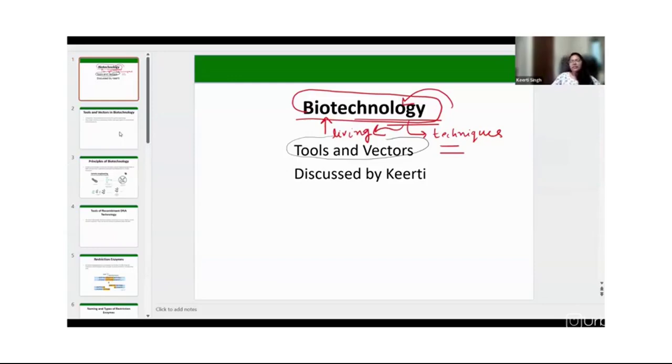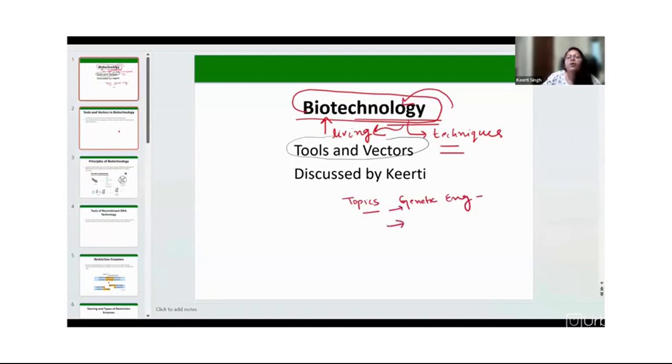In this chapter there are various topics, you can say, like genetic engineering, right?